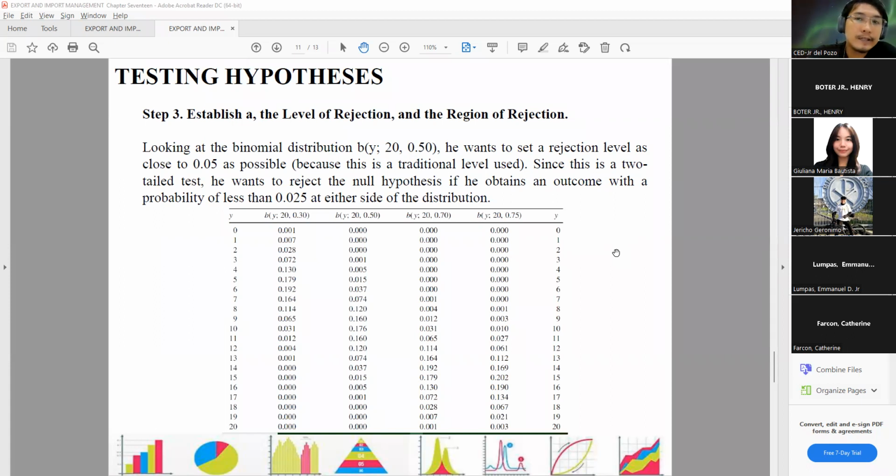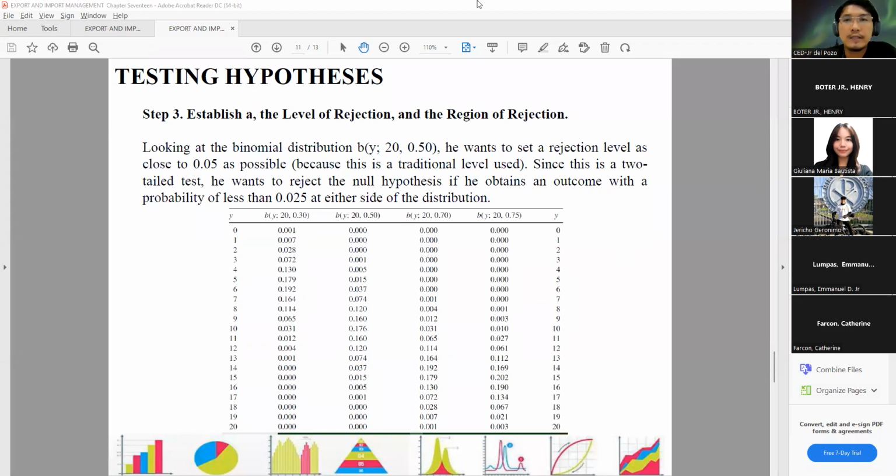But alin lang dyan ang pwede nating consider. So look at the binomial distribution with n = 20 and pi = 0.5. He wants to set a rejection level as close to 0.05 as possible. Kaya meron tayong binomial distribution table, kasi hindi na tayo magko-compute isa-isa from 0 to 20, yung ginawa natin kanina.